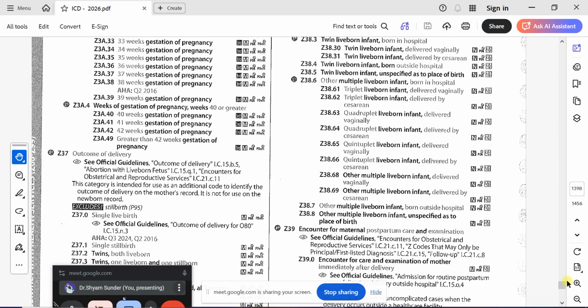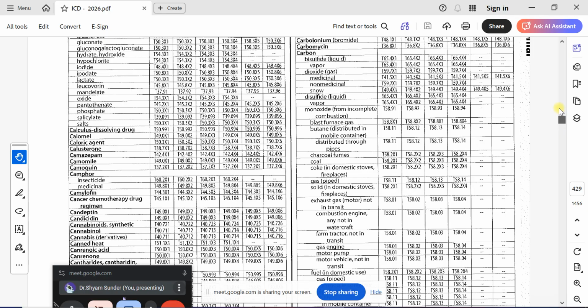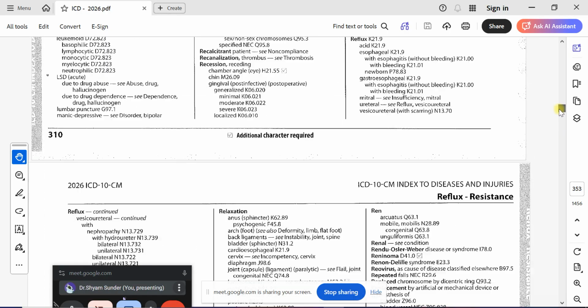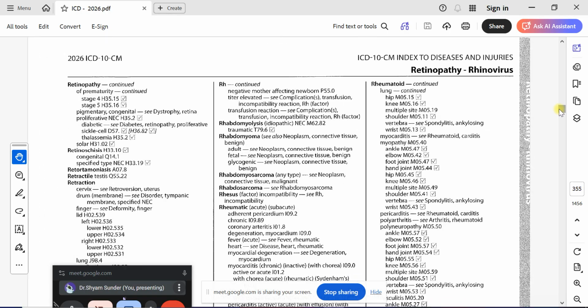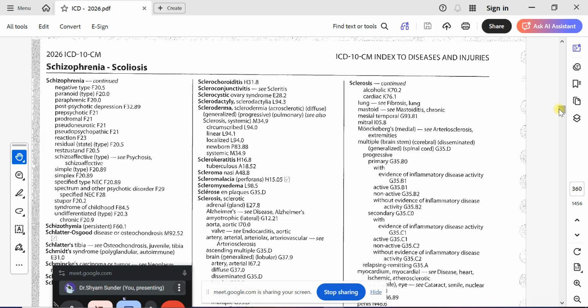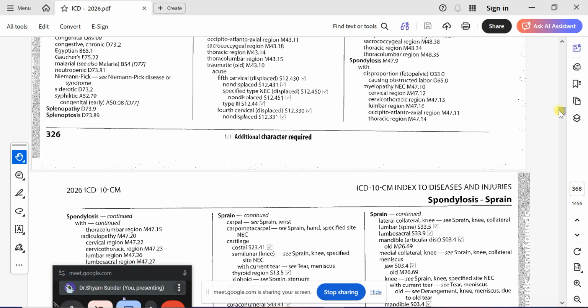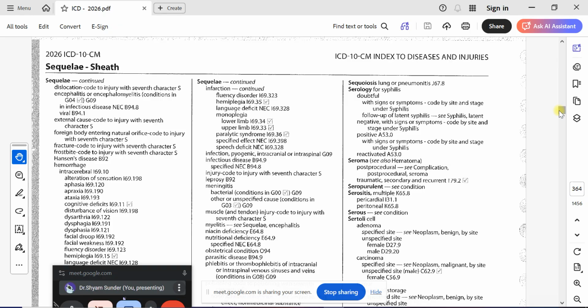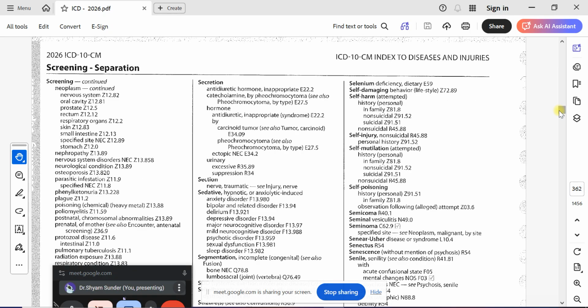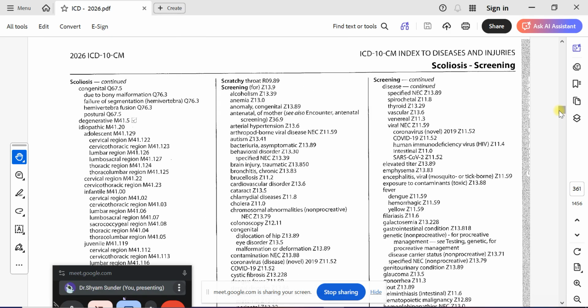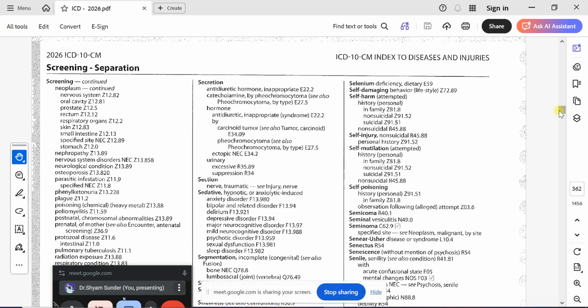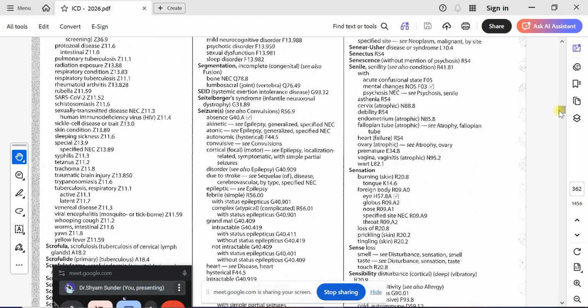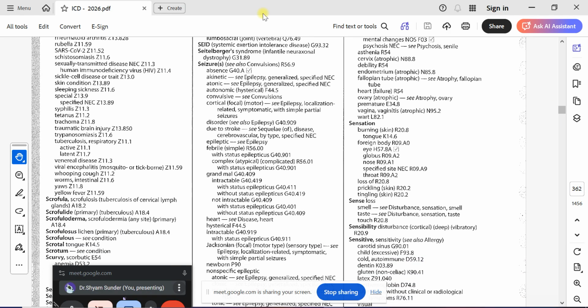Okay. So for this, you can go to your main term, seizures. So here is your main term, seizures.